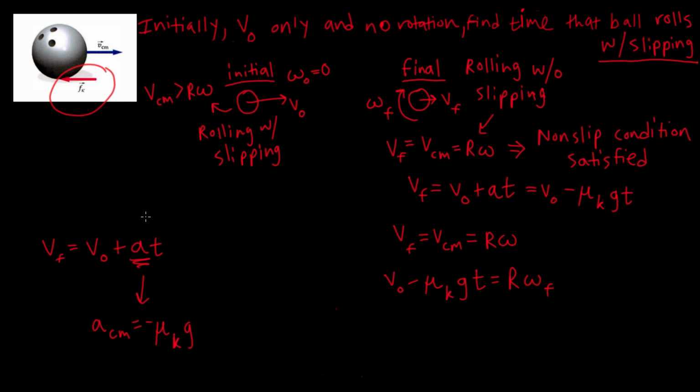And so note that I can also use angular or rotational kinematics to find an expression for the final angular speed. So I can write just a rotational equivalent of this formula right here. So I can just say that the final angular speed is equal to the initial angular speed plus, and the rotational equivalent of acceleration is just the angular acceleration times the time.